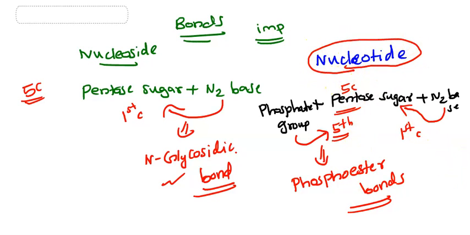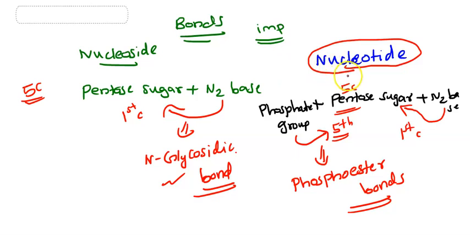But we used one more word, that is polynucleotide. Polynucleotide means many nucleotides are associated here. In the previous slide, we saw that in a single nucleotide, we can see N-glycosidic bond and the phosphoester bond. Two nucleotides will combine together to form a dinucleotide.